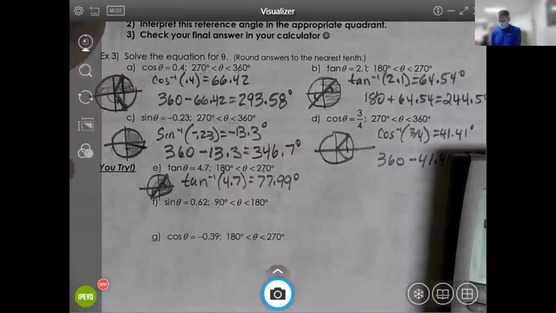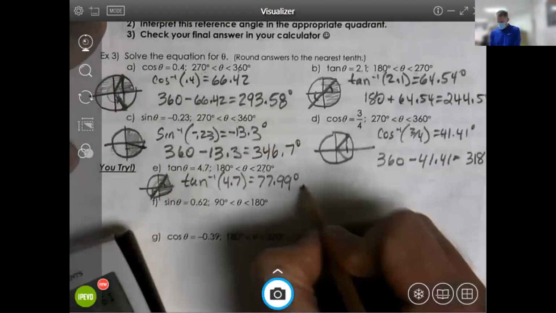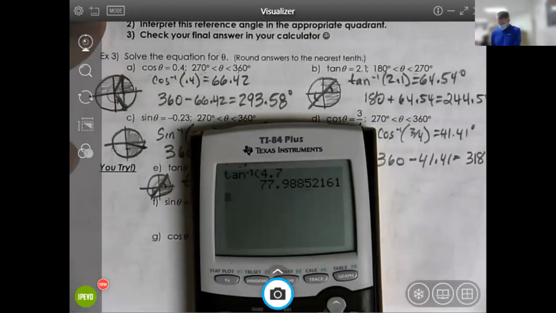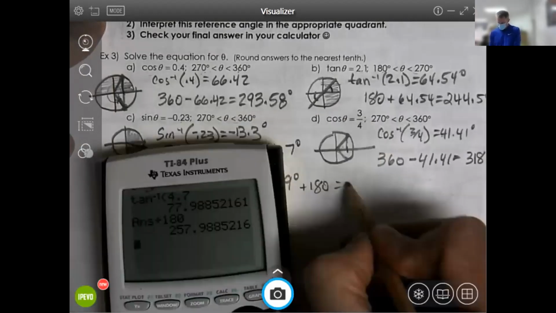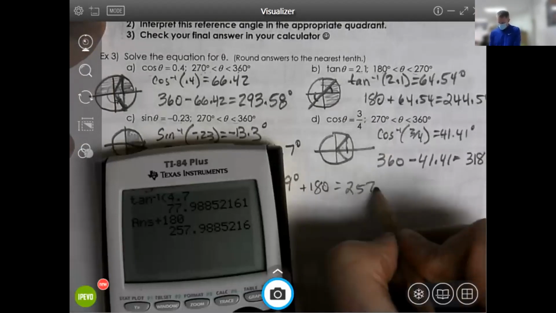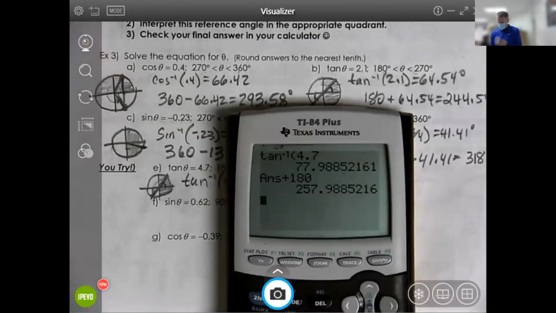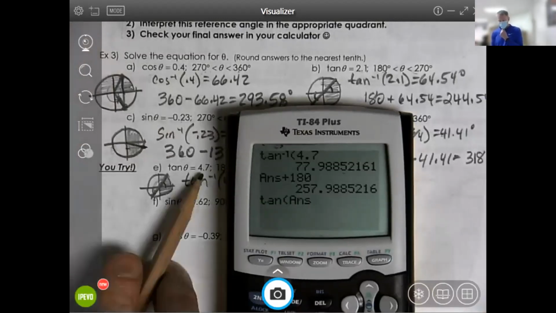So what that comes out to be is just adding 180 to this. And that gives us 257.99 degrees. And if you want to test that, you can do the tangent of that value, and we better get 4.7.